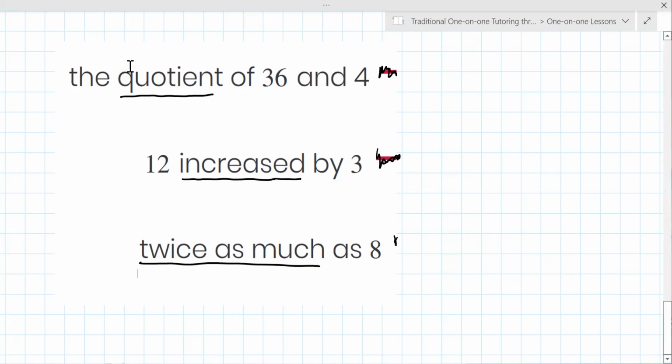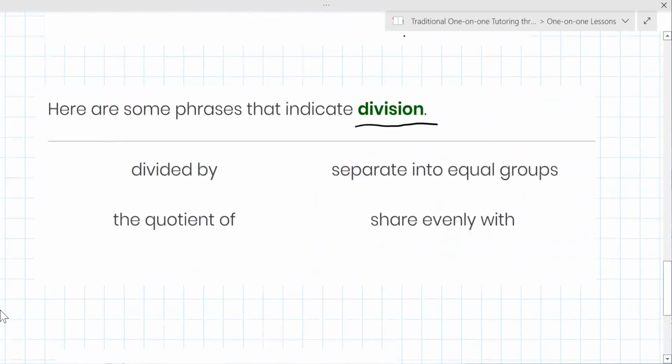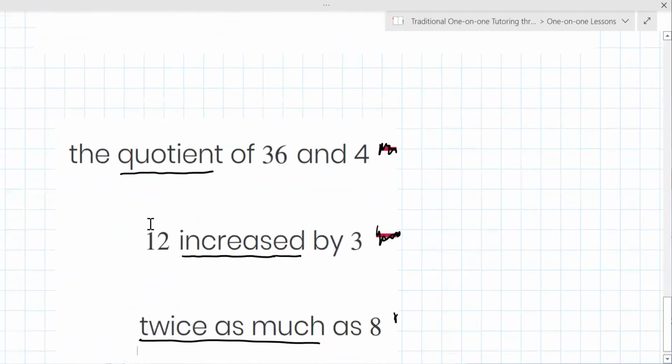No. Okay, so let's look for the word quotient. Do you see quotient in this list? Yeah, the quotient of. Well, you're really just looking for the word quotient. Oh, okay. So that's 36 divided by 4.